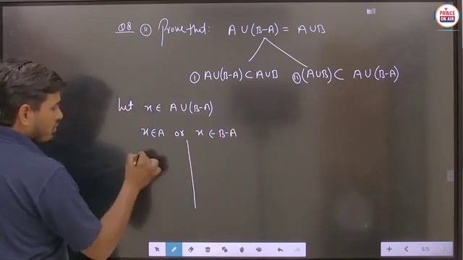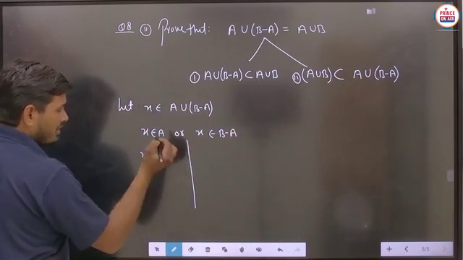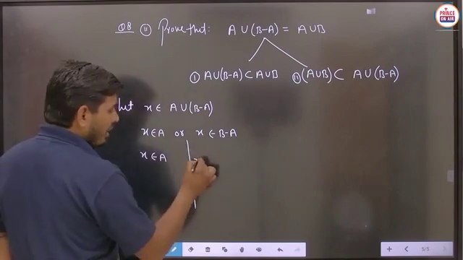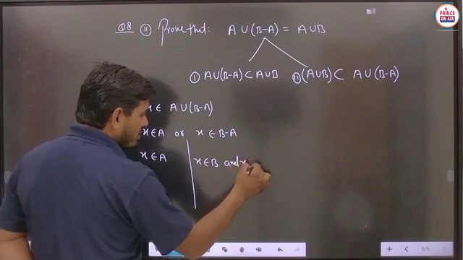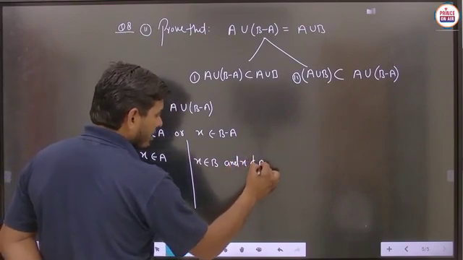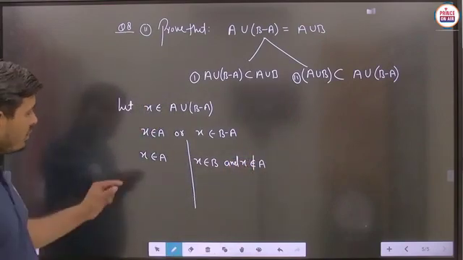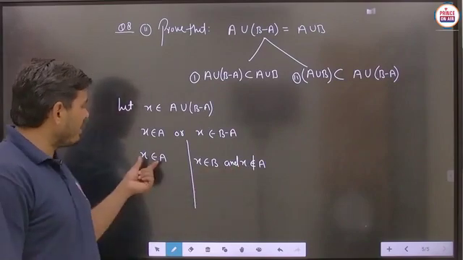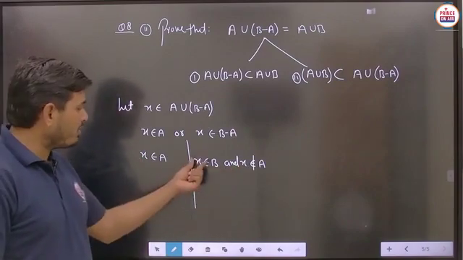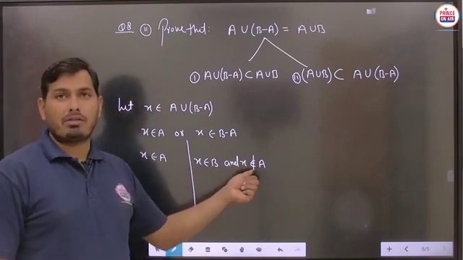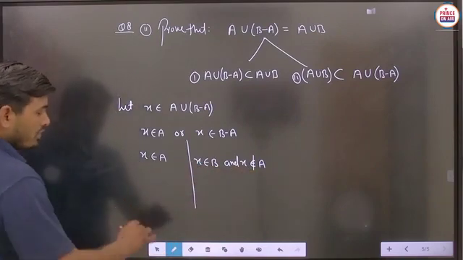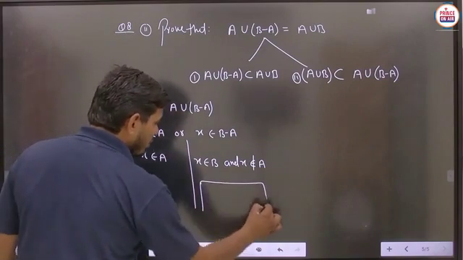Now the question gets simplified: X belongs to the A set, or X belongs to B and X does not belong to A. Means this particular case implies that X belongs to A set, but the other case says that X belongs to B but X does not belong to A. So this situation you can understand with the help of a Venn diagram.